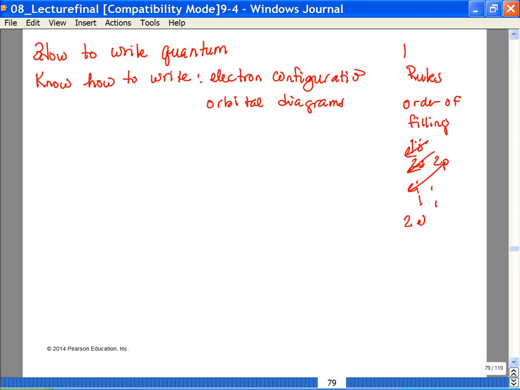We know that we can only have 2 electrons at a time in an orbital. We know that we fill one at a time with parallel spins before we pair them up.